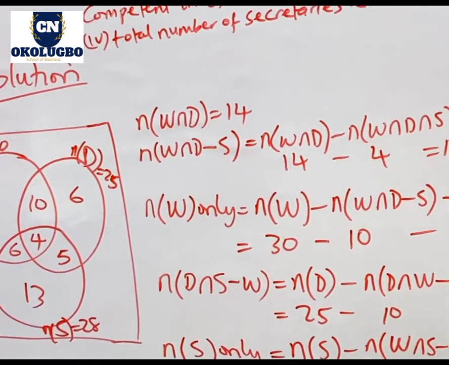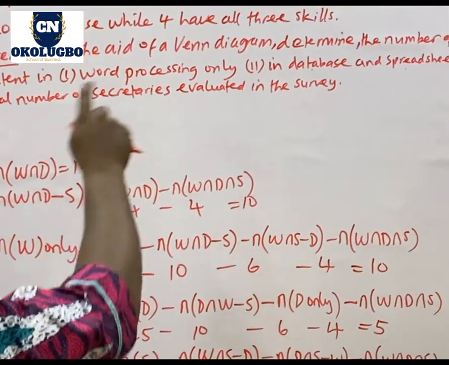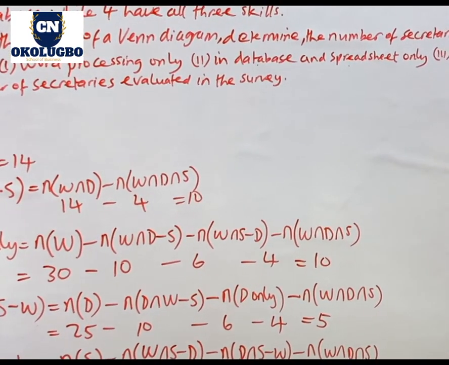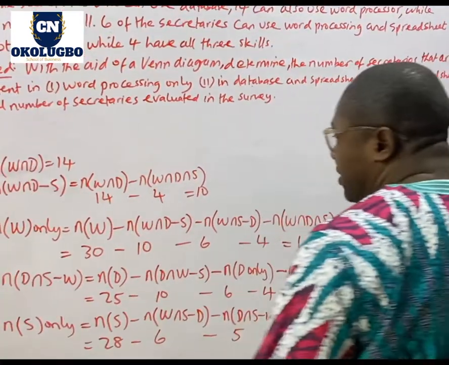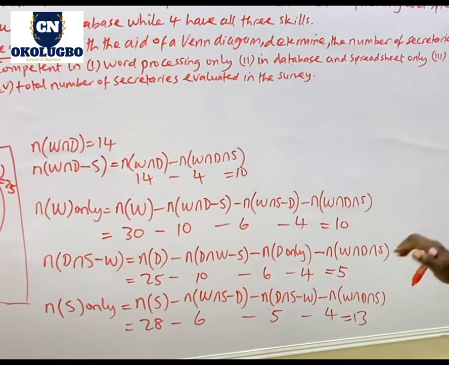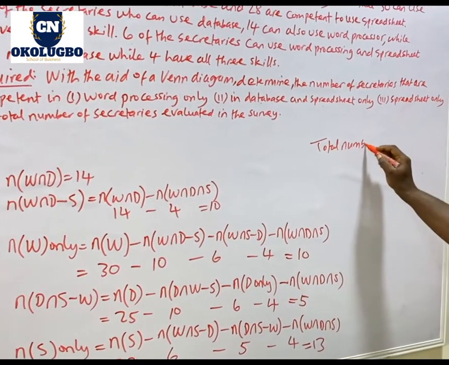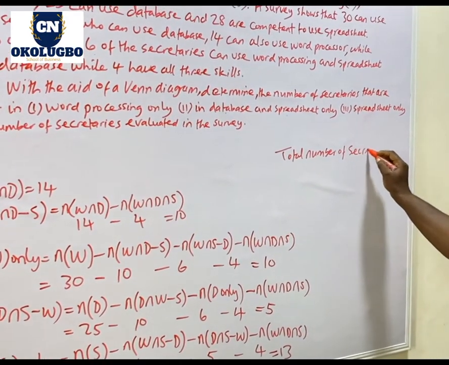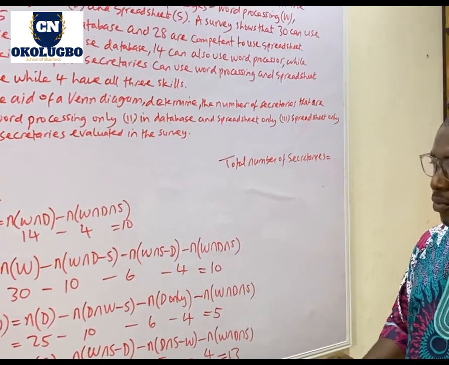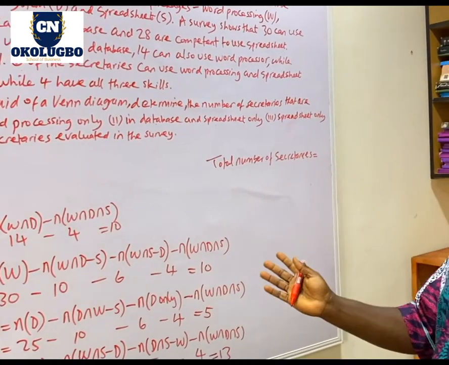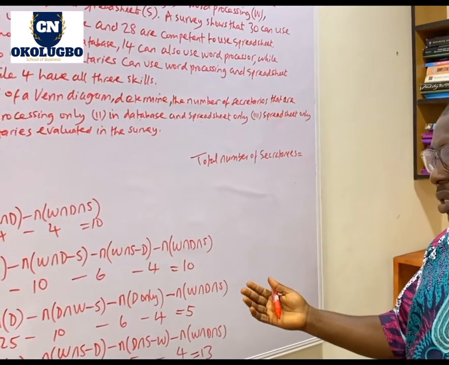Now the last question is to find the total number of secretaries evaluated in the survey. Now how do we find that? To find that, we have to add all the sectors together. Ordinarily we could use our formula to find out, but just go straight.